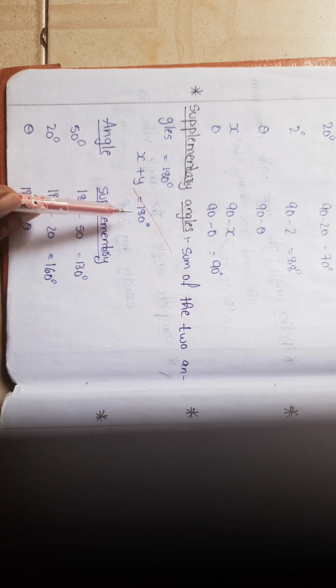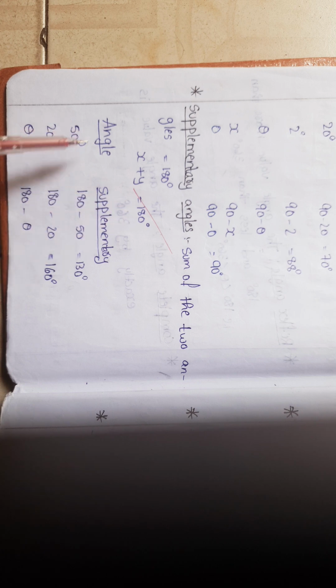Previously we discussed that if the sum is 90 degrees, then it is complementary. Here an angle of 50 degrees is given. For the supplementary of the given angle you should subtract 180 minus 50, so 130 degrees is supplementary to 50 degrees. Of course you need to subtract from 180, whatever value is given.